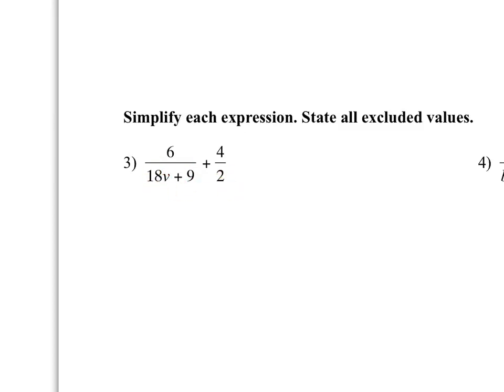In order to do that, I'm going to start factoring because I want to see the lowest common factor. I notice here that 18v plus 9, I can factor out a 9. So let's do 6 over 9 times 2v is 18v plus 1, plus, and then I'm going to do the 4 over 2 thing there. Great.